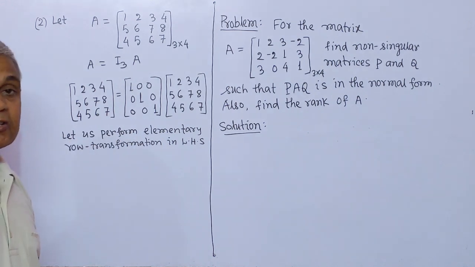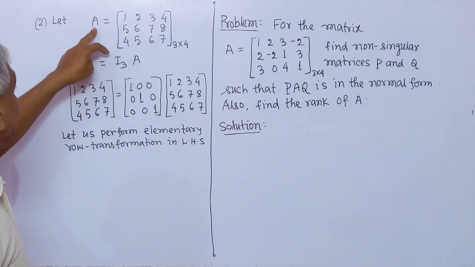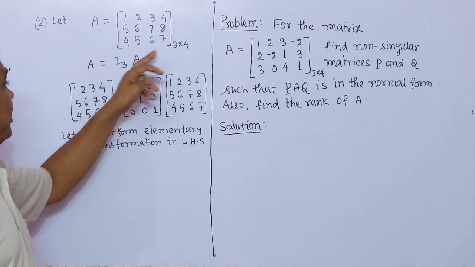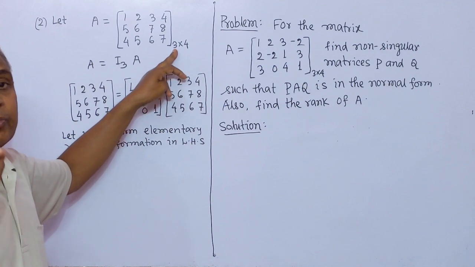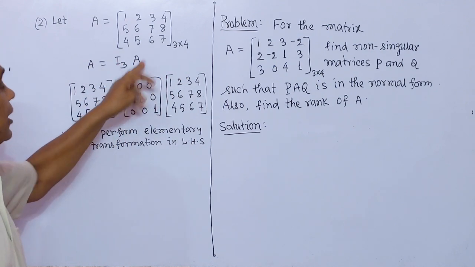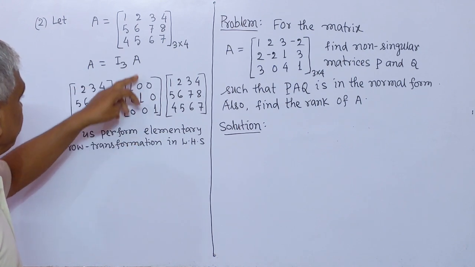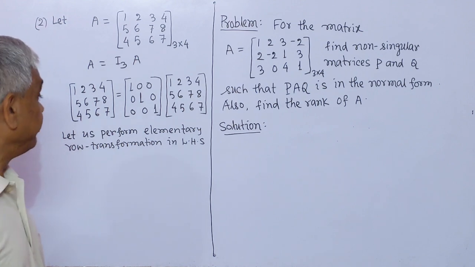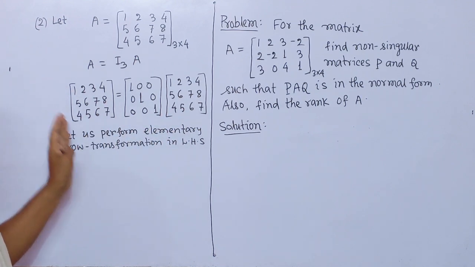With the help of the first concept, we pre-multiply A by a unit matrix. As the number of rows is 3, the unit matrix will be of order 3. A equals I3 A. We write the value of A, the value of I3, the value of A. Now let us perform elementary row transformation on the left hand side.